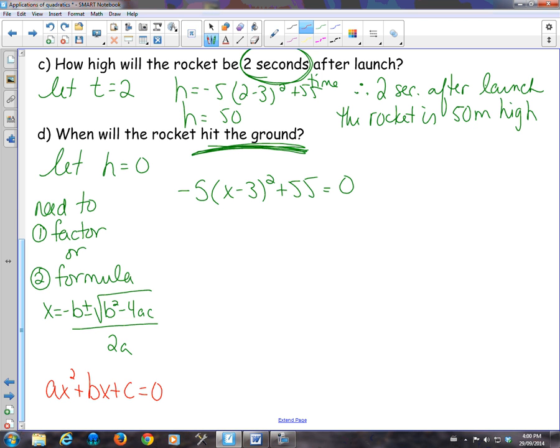To put it into standard form, I need to expand and collect my like terms. So I need to remove the brackets and collect like terms.